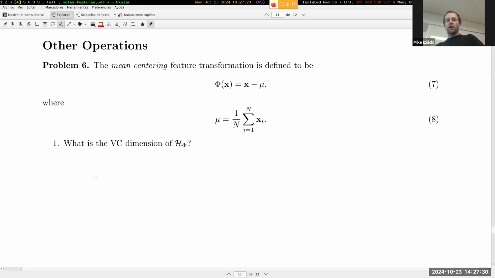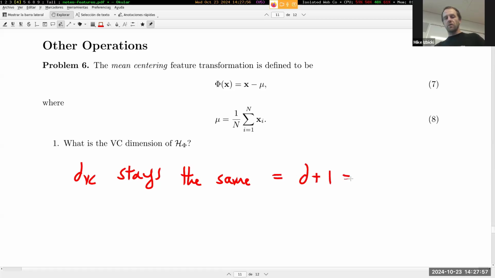In this case, our VC dimension is going to be related to the size of our output space of d tilde right here, and we're not changing the size of the space in any way. We're just moving the data points around. So our new DVC stays the same, equal to d plus 1 or theta d.